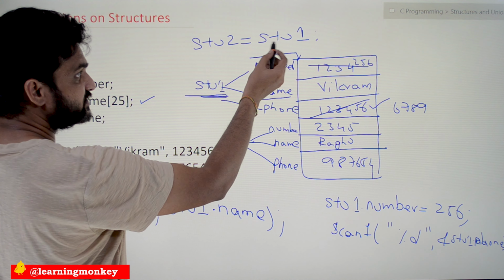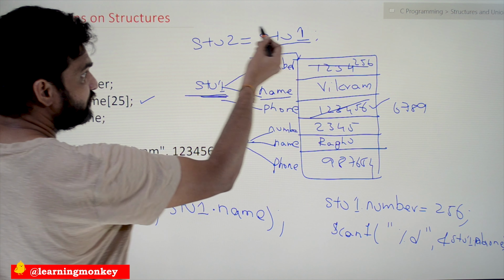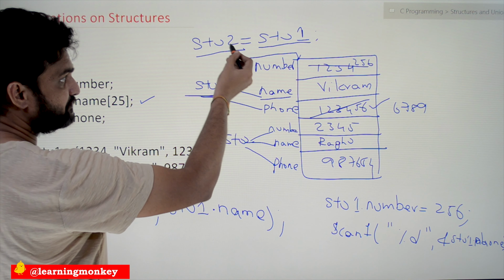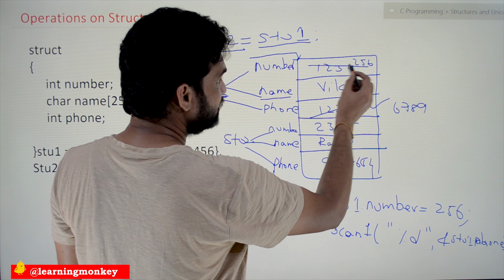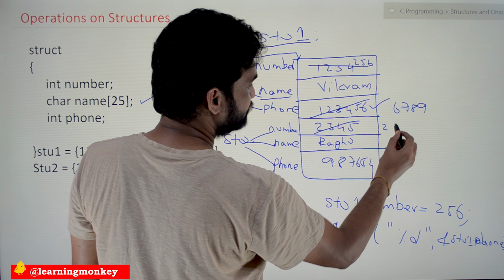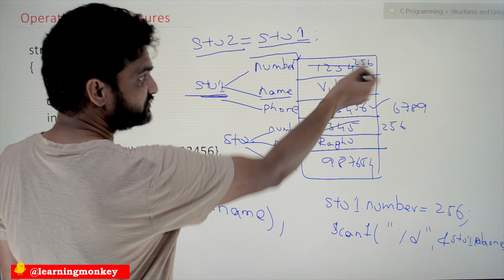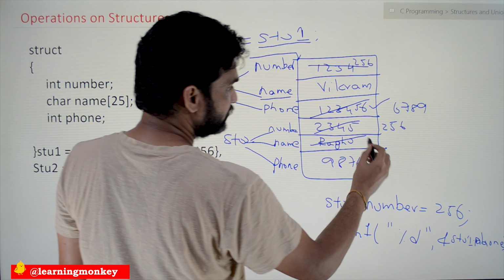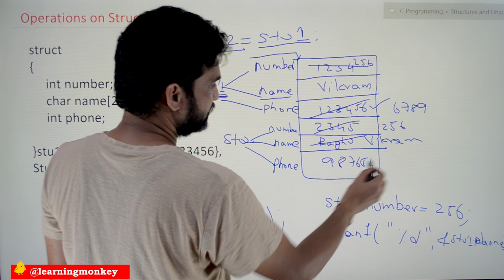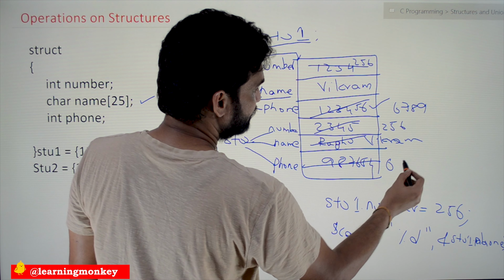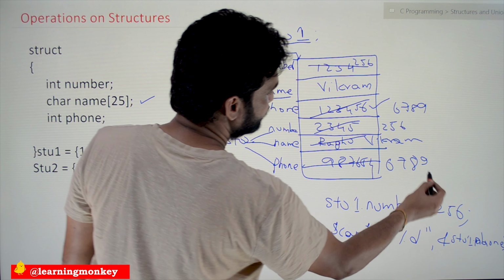All the stu1 values will get copied into the stu2 values. So this value will be stored with 256, the Raghu will be updated to Vikram, and the phone number will get stored as 6789.